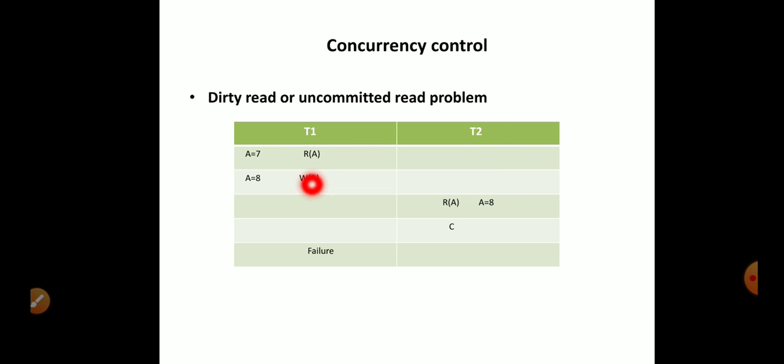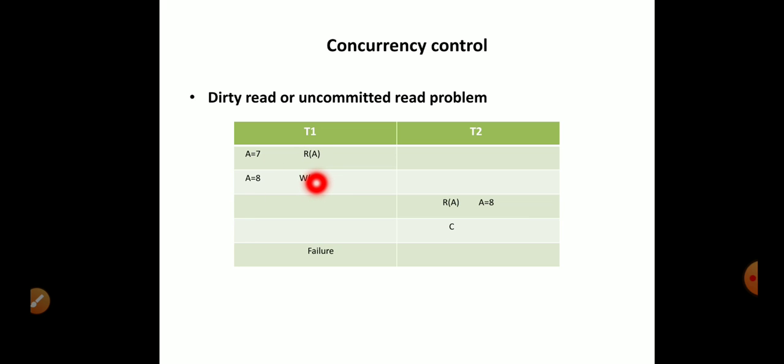Transaction T1 has not permanently saved the value A equal to 8 in the database. The value A equal to 8 of transaction T1 is only in the local buffer, but T2 commits and stores the value of A equal to 8 permanently in the database. After some time transaction T1 fails, so it has to roll back.